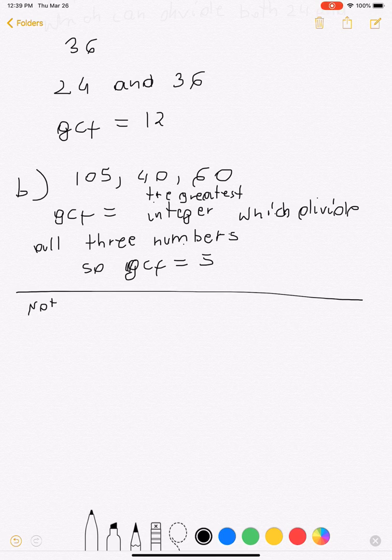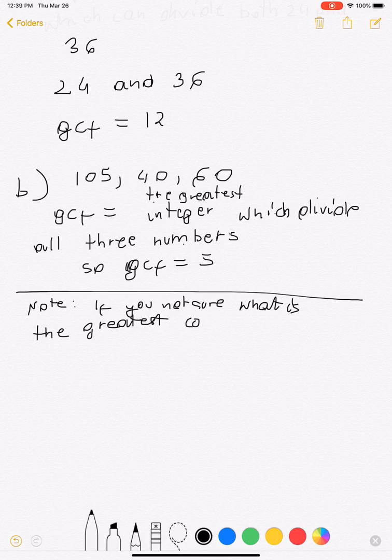So note, if you're not sure what the greatest common factor is, use tree factorization.